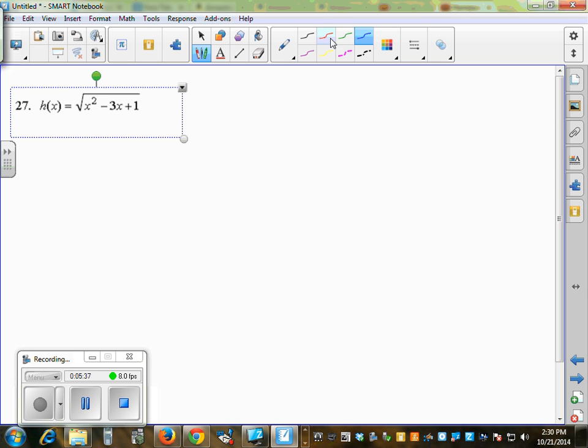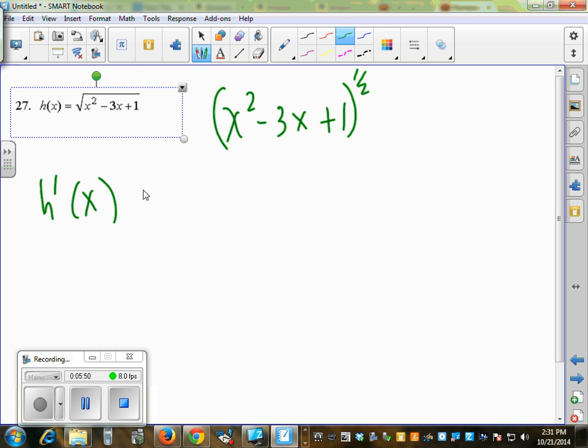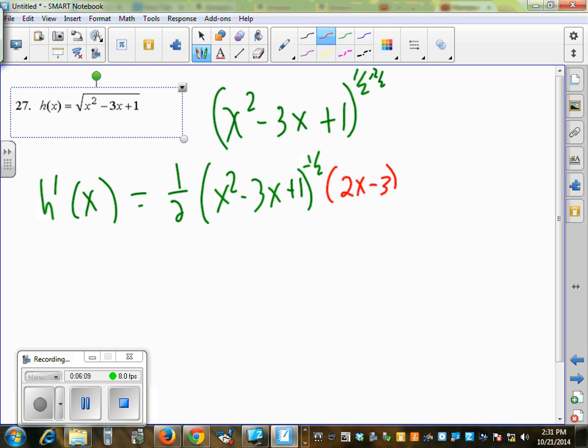Alright, 27. Our shell is x squared minus 3x plus 1 to the half power. So our derivative is going to be the derivative of the shell. Of course, we decrease that by 1, so that gives us that, times the derivative of the chocolate, which is 2x minus 3.